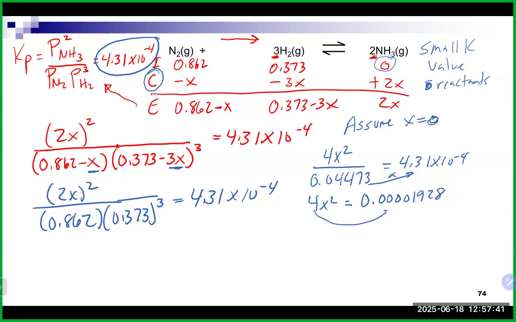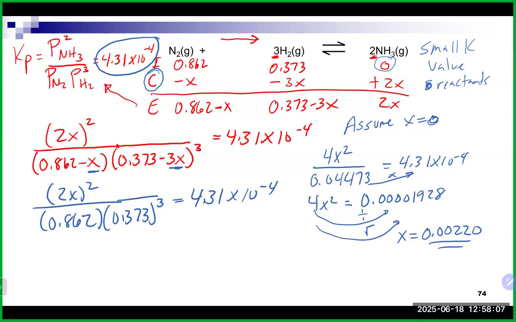We're going to divide by 4, and then I'm going to square root right after it. So divide by 4, do a little square root action. Gonna get us an x value here of 0.00220. First off, any questions on that?